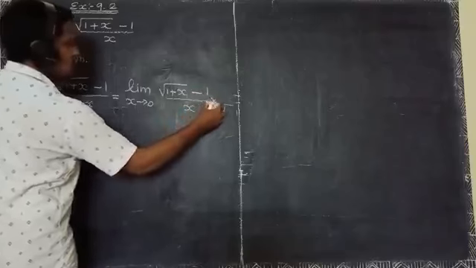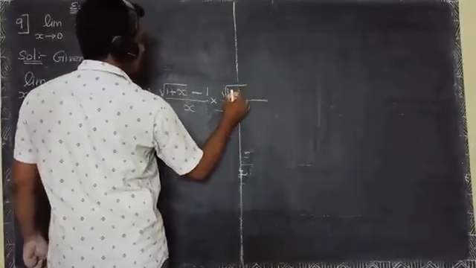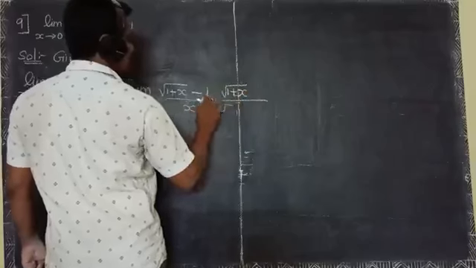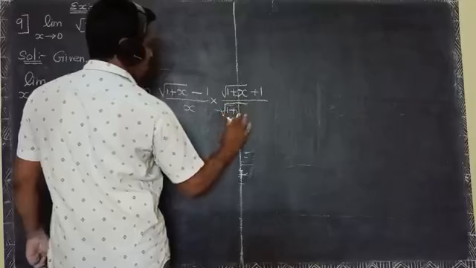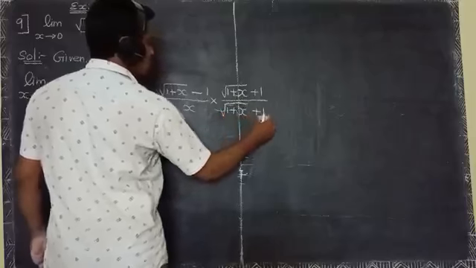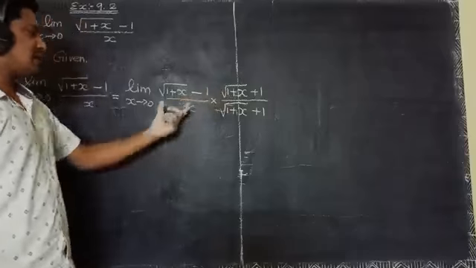Take the conjugate of the numerator, that is square root of 1 plus x minus 1, the conjugate is square root of 1 plus x plus 1. The numerator is in the form a minus b into a plus b, which can be written as a square minus b square.